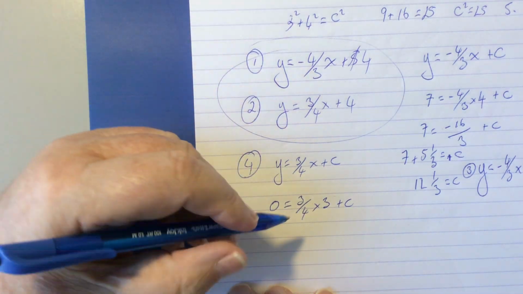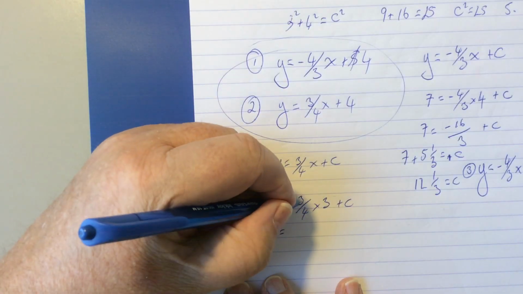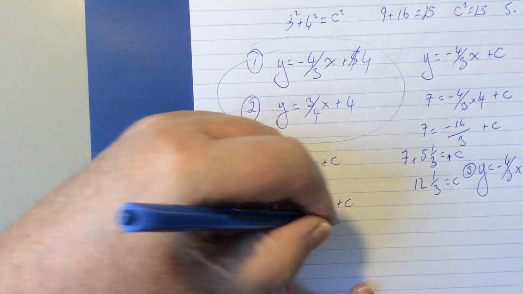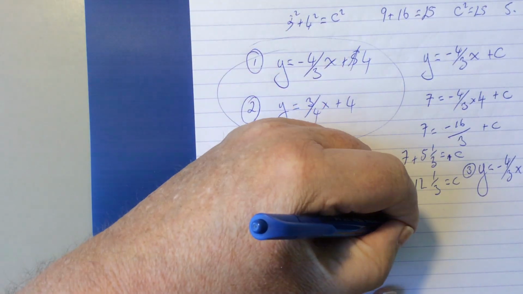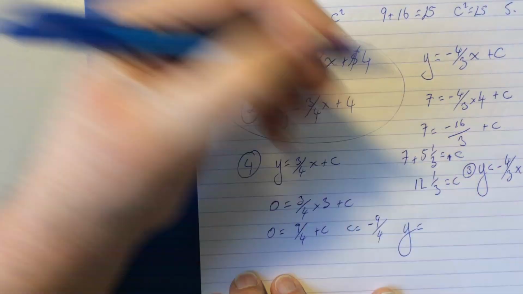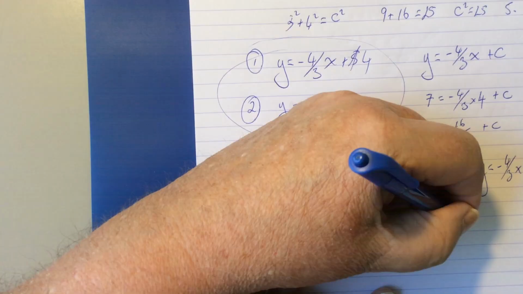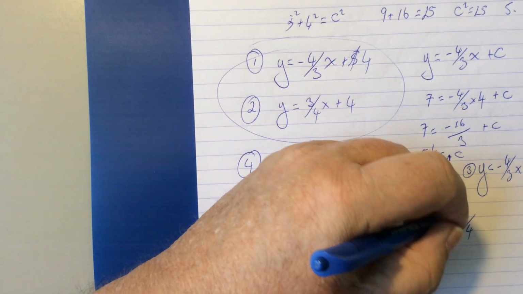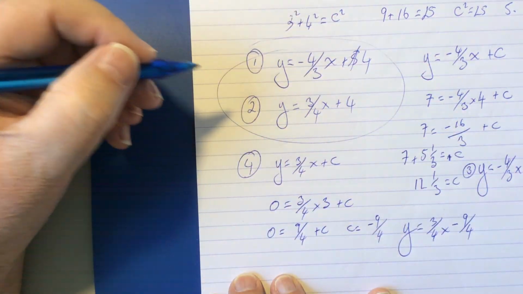We're looking for c, and that means that 0 is equal to 9 over 4 plus c. So c is going to equal negative 9 on 4, and our equation is going to be y equals 3 on 4 x minus 9 on 4, or if you want, 2 1/4. It's up to you how you write this.